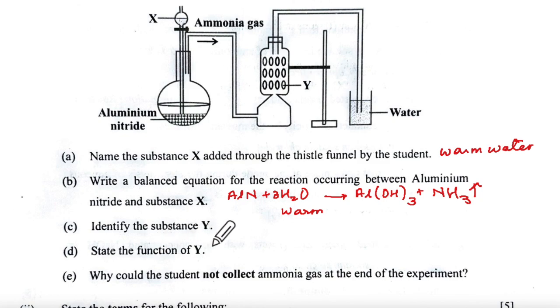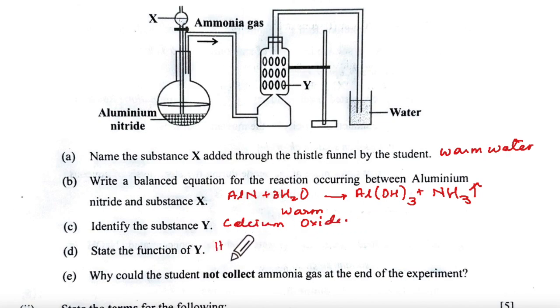Okay, identify substance Y. What is Y? It is the drying agent. Now drying agent means it will be CaO because ammonia is basic. So we will write it is calcium oxide. What is the function of Y? It is drying the gas.